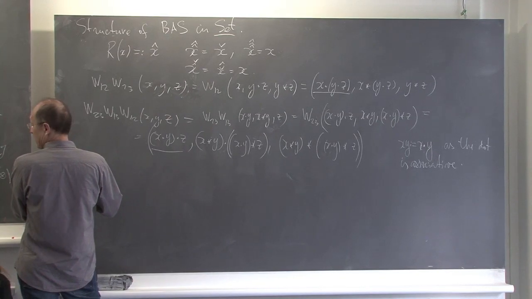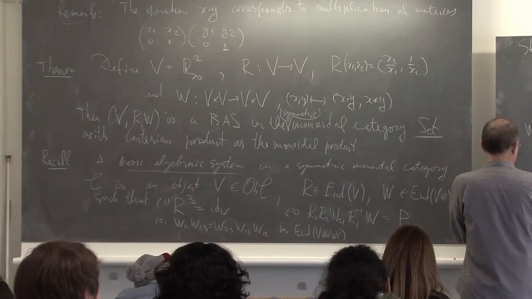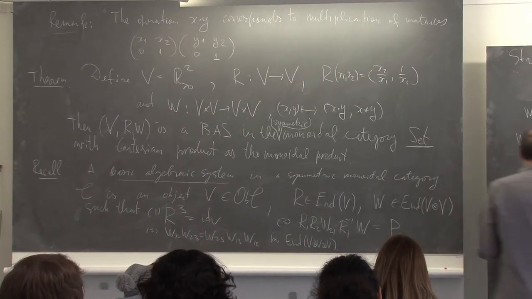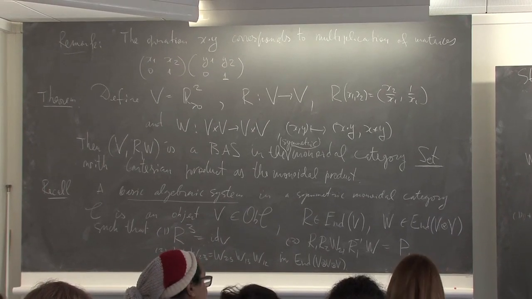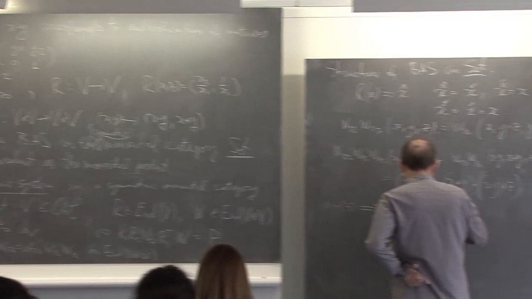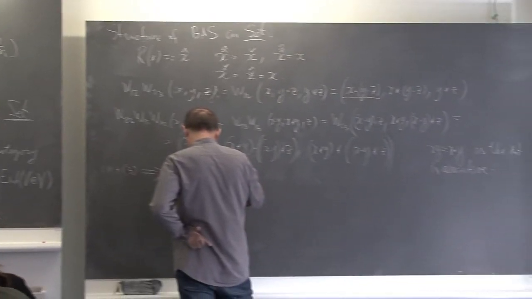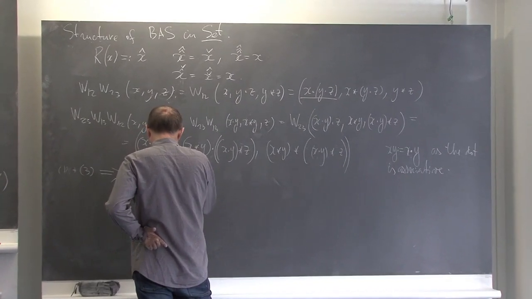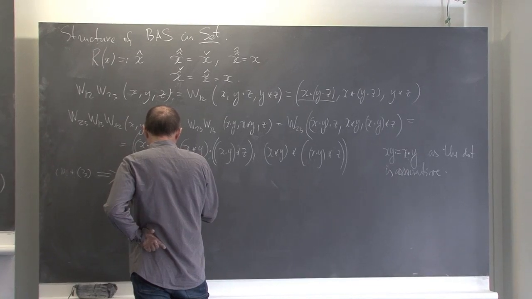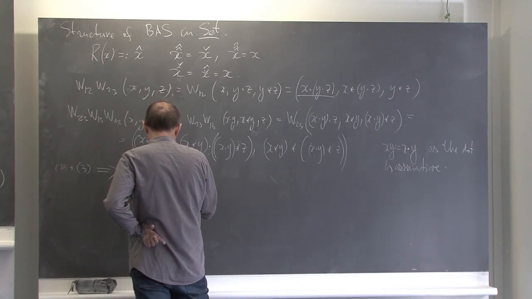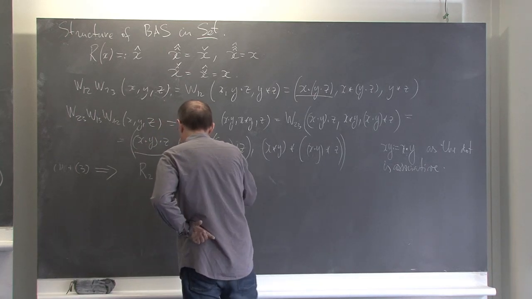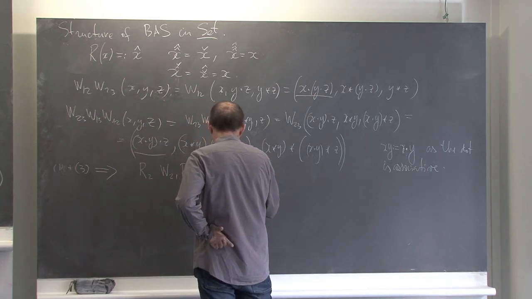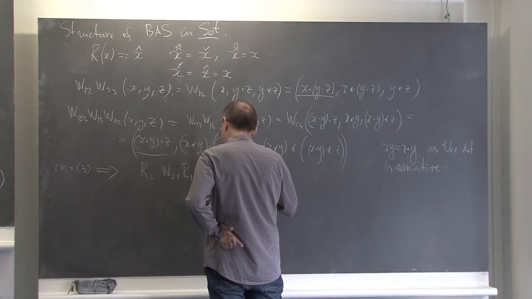So 1 plus 3 implies R2 W2,1 R1 equals R1 W1,2 R2.